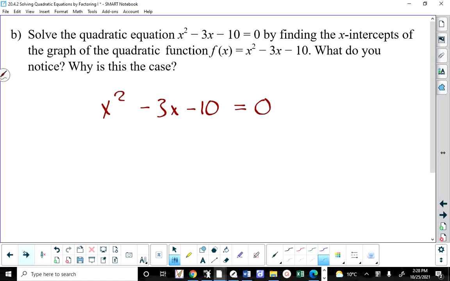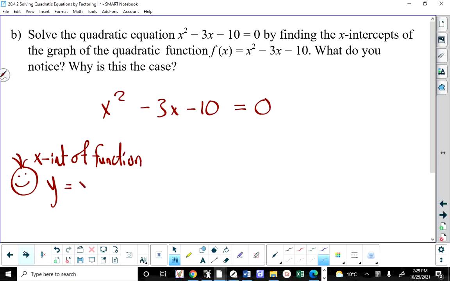So I want everybody to solve that on your graphing calculator. What you are doing to solve this is you're looking at the x-intercepts of the function y equals x squared minus 3x minus 10.